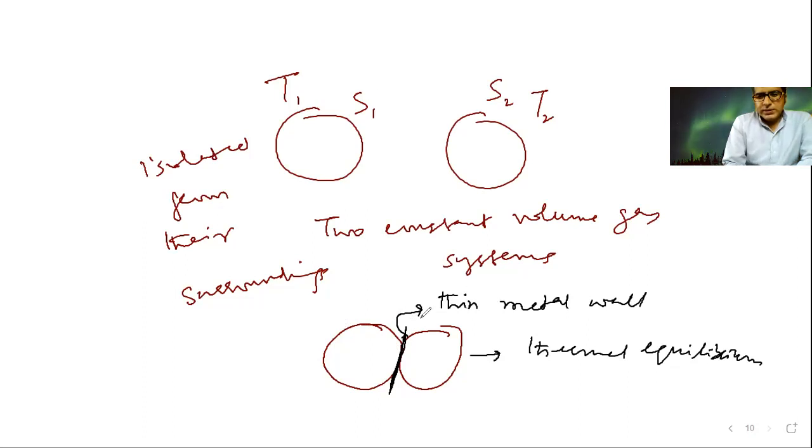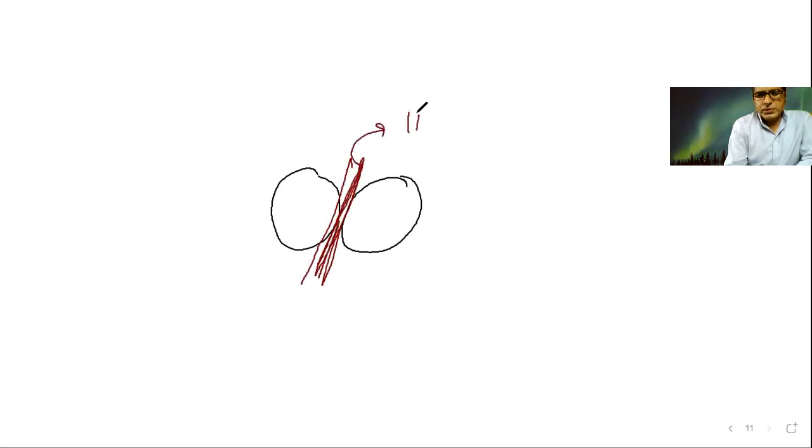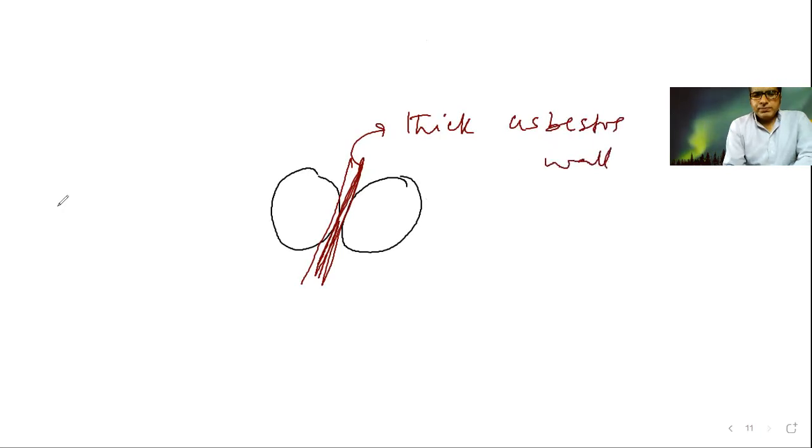Now, instead of a thin metal wall, if between these two systems I have a thick asbestos wall. In this situation, almost nothing will happen to the macroscopic properties.